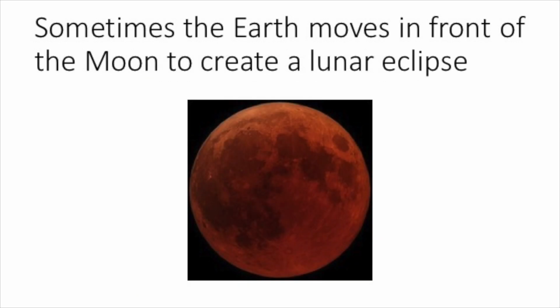Sometimes the earth moves in front of the moon to create a lunar eclipse. Okay? So moon in front of the sun, solar eclipse. But if the earth goes in front of the moon, lunar eclipse.